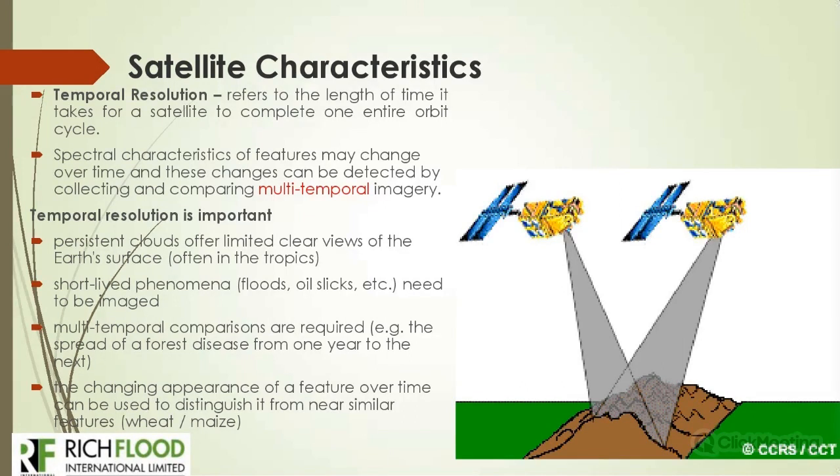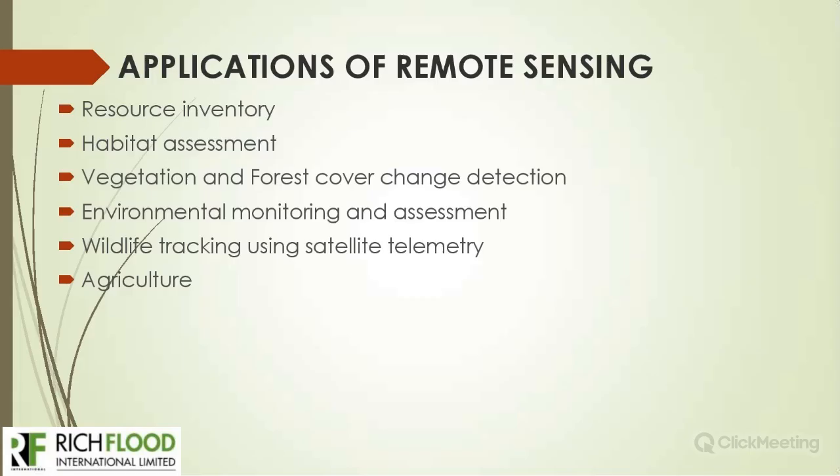If you acquire an imagery of a particular location that is not clear, you could search for that same imagery at another time. Also, for short-lived phenomena, you could study environmental disasters like floods and oil slicks, which happen within a very short duration. So the temporal resolution is very important for you to decide which satellite system you should go for. So what are the applications of remote sensing?